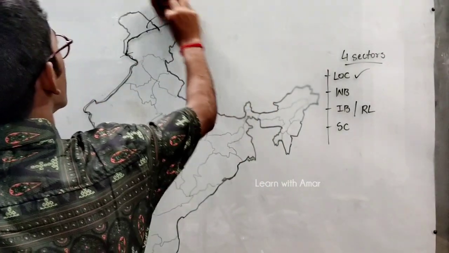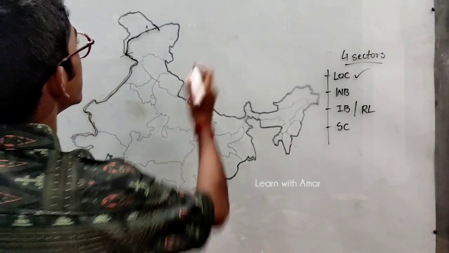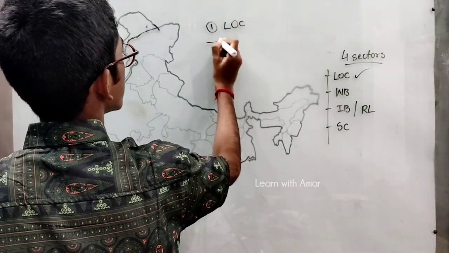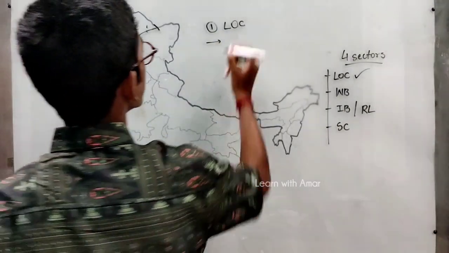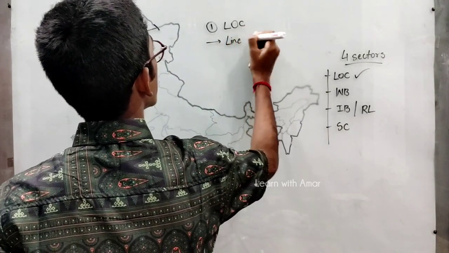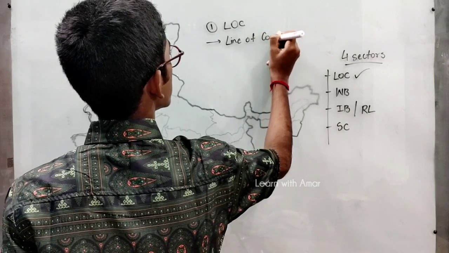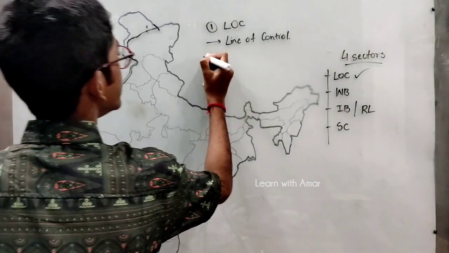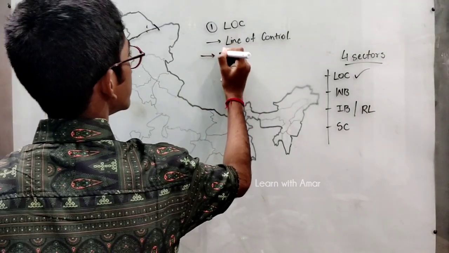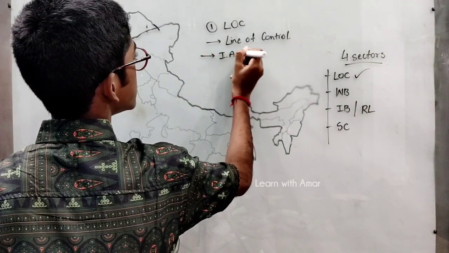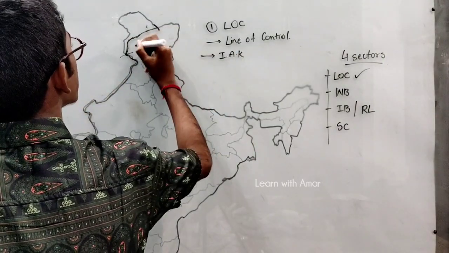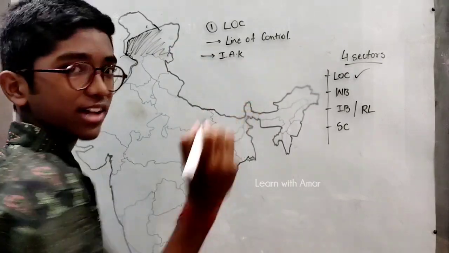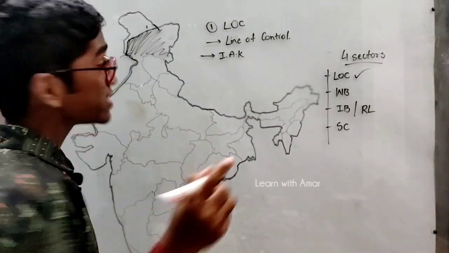First sector, LOC. Its full form, most of you know, is line of control. It separates Indian administered Kashmir. That means I'm considering this area as Indian administered Kashmir, and I'm not considering this area.